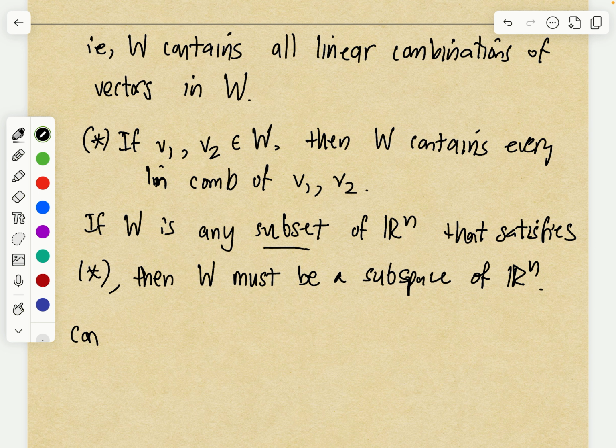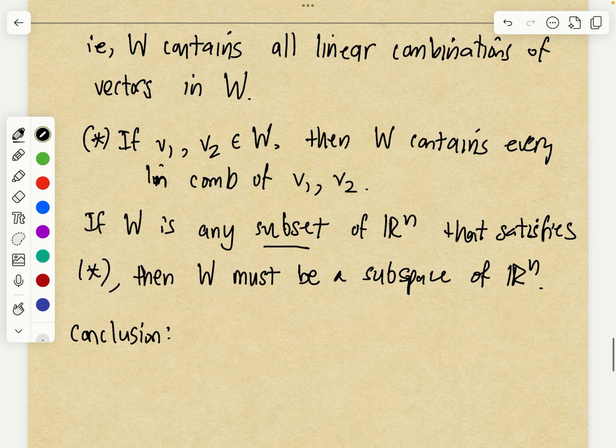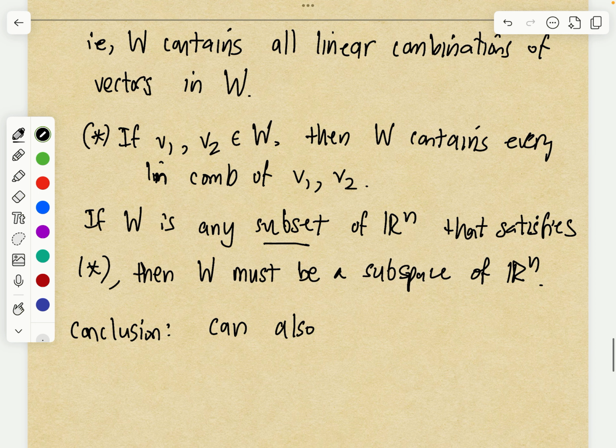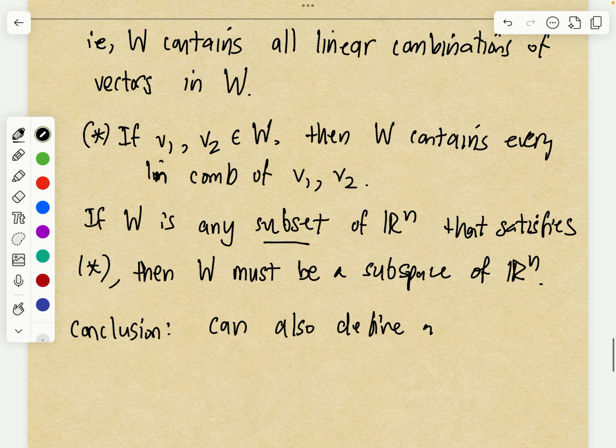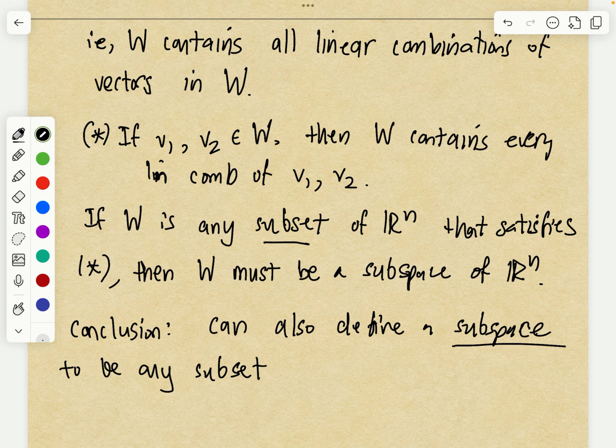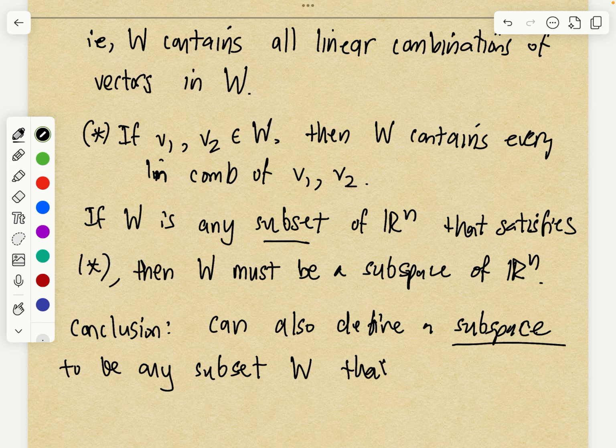So the conclusion is we can also define a subspace to be any subset W that satisfies star.